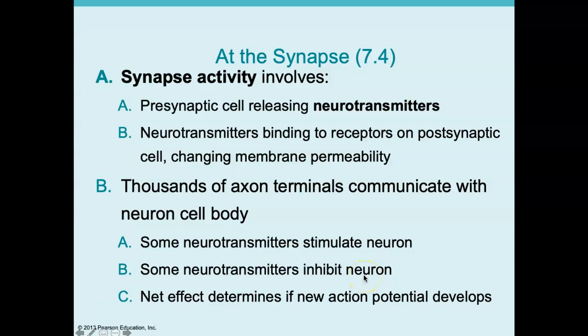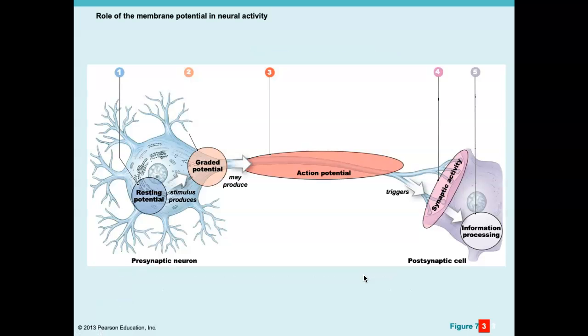So there's some kind of processing going on in this second cell. This second cell, if it has thousands of different neurotransmitters coming into it, has to process that information and add them all up and decide whether to go or to stop. This is our simplest form of information processing. Does the signal go on or does the signal stop?